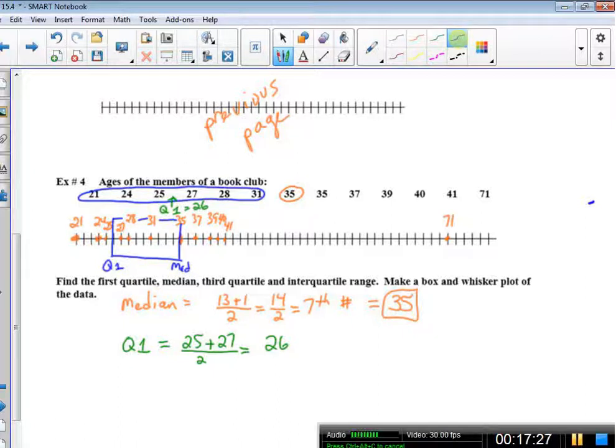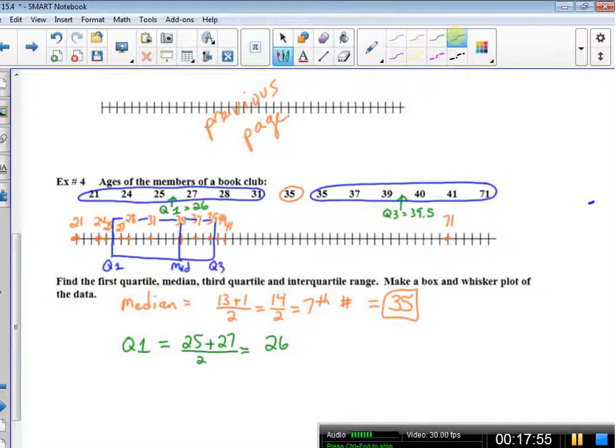And then I'm going to take the last bit of data and find the median, quartile 3, which would be right, I believe, in here. So that's 39.5. So quartile 3 is 39.5, right here.